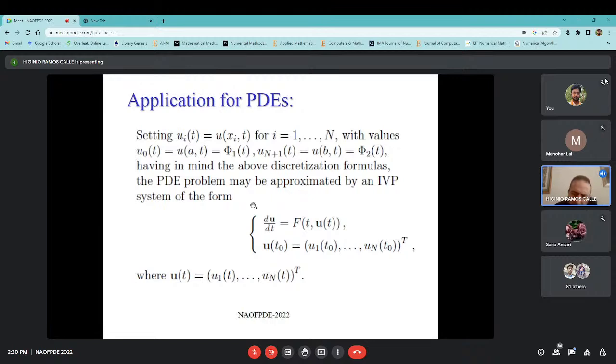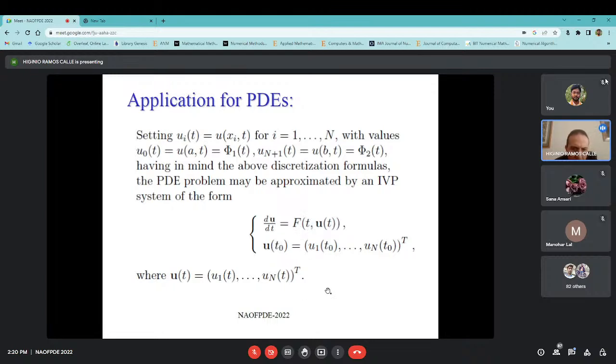this is similar to the method of lines, where we obtain a system of differential equations. So we discretize the problem, the PDE, considering these points, and we get this system. And this system is dependent on the variable t.